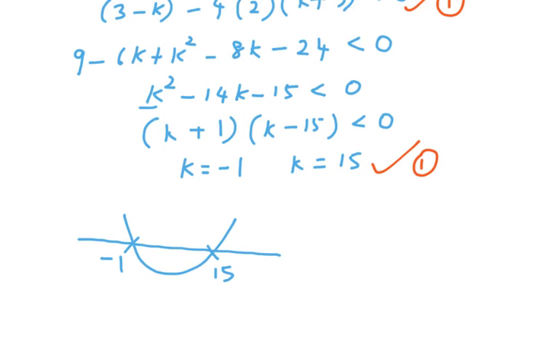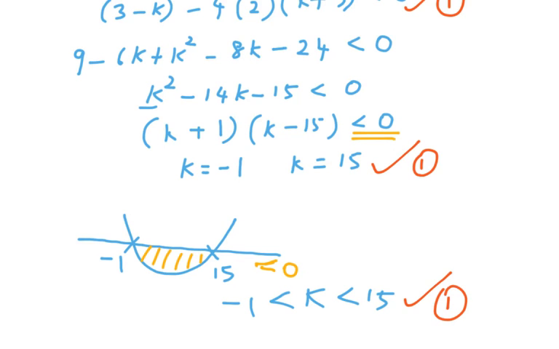The region that I am looking for is less than 0, and the region which is less than 0 is always below the axis. Hence, the region that I'm looking at is this. Therefore, the final answer will be k falls in between negative 1 and 15. With this, you will get your final mark here.